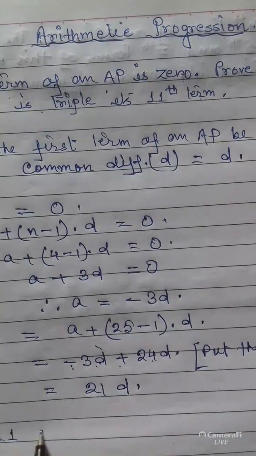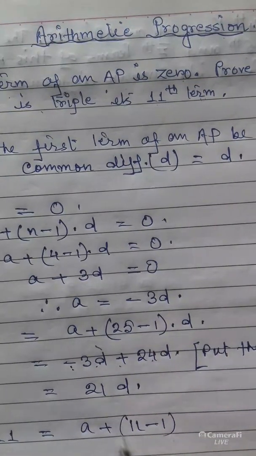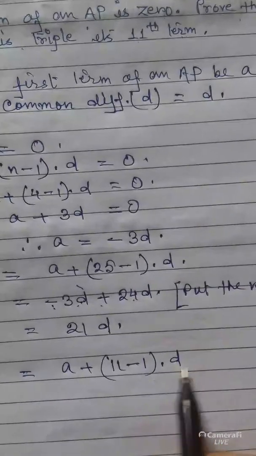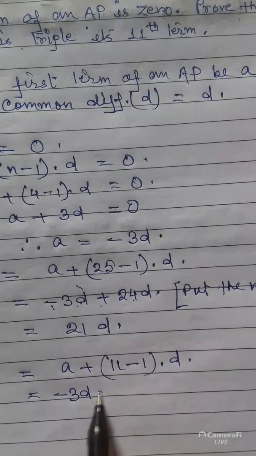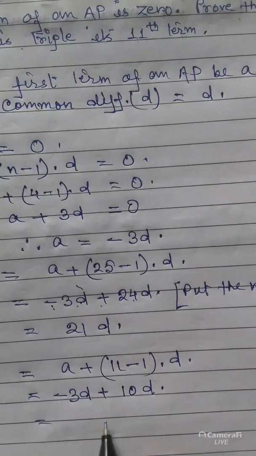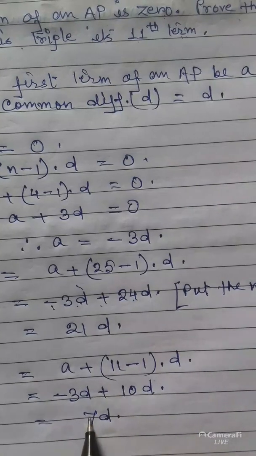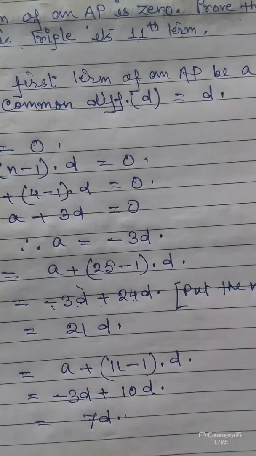Now we have to find the 11th term. So T11 equals A plus (11 minus 1) into D. A is minus 3D, plus 10D. So 7D. T11 equals 7D.